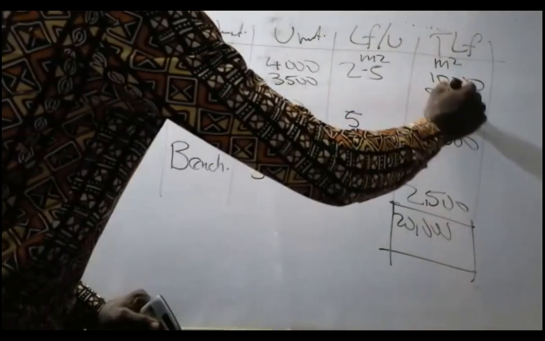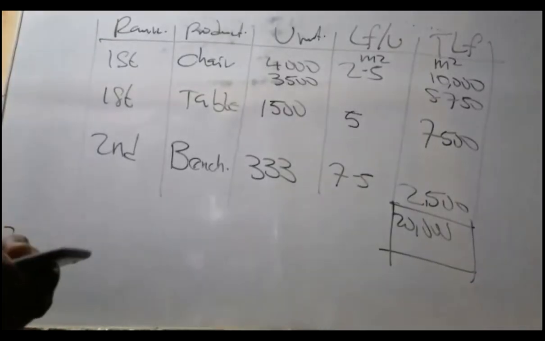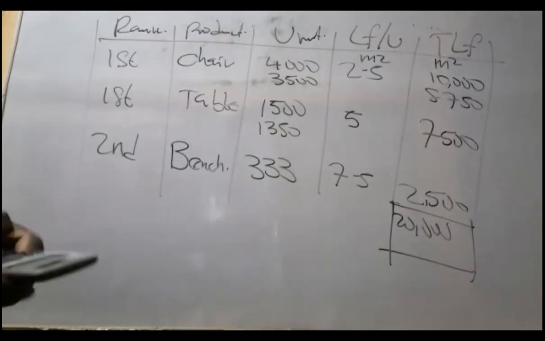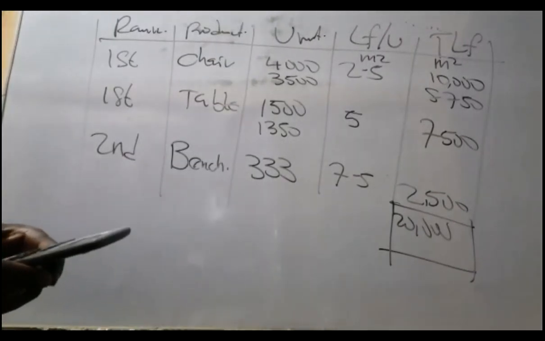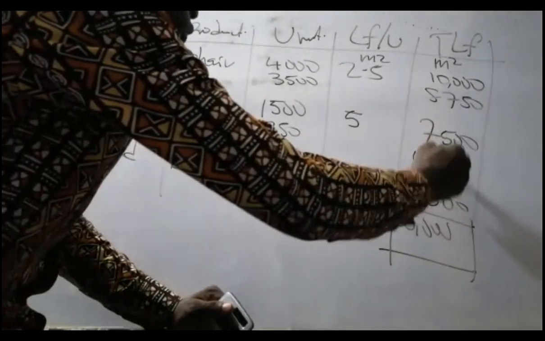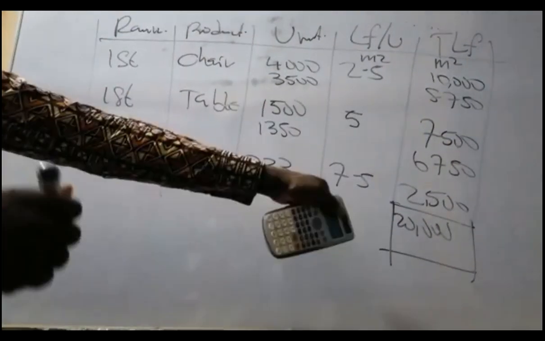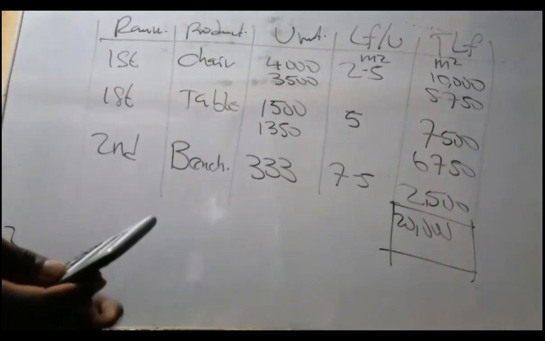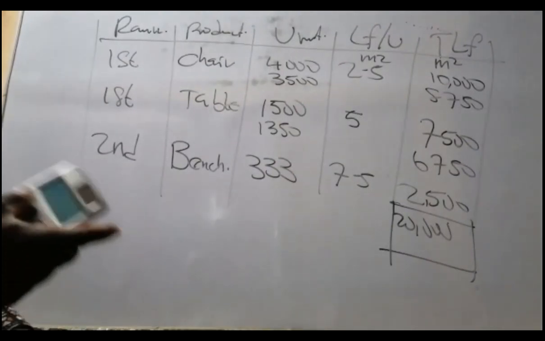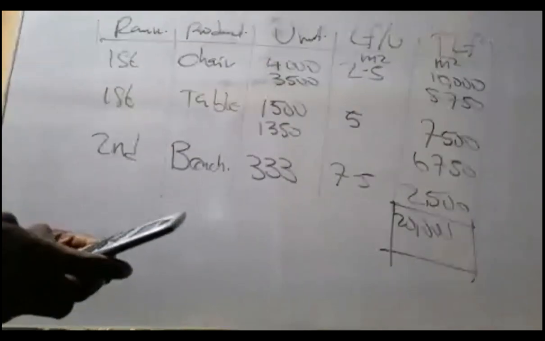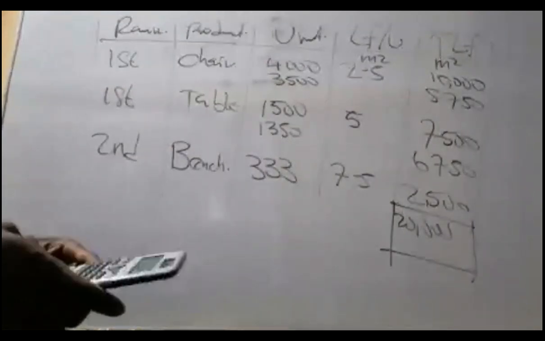Then this one to give us 1,350 times 5. That's 6,750. So the total is 20,000. Putting these two together.